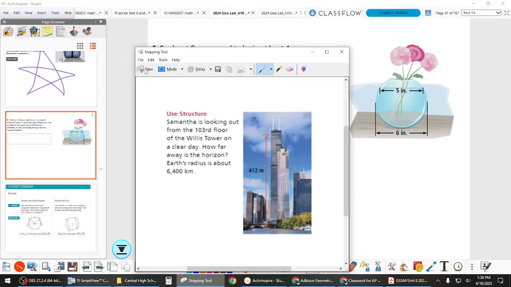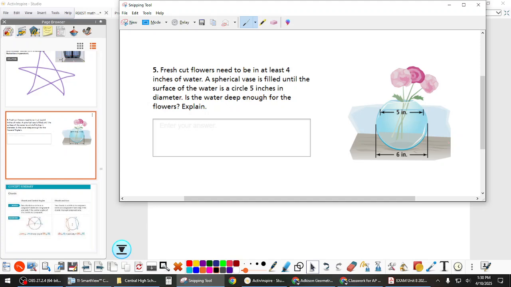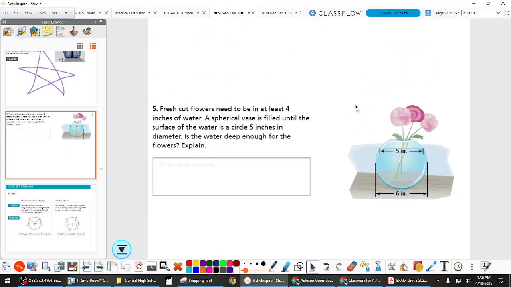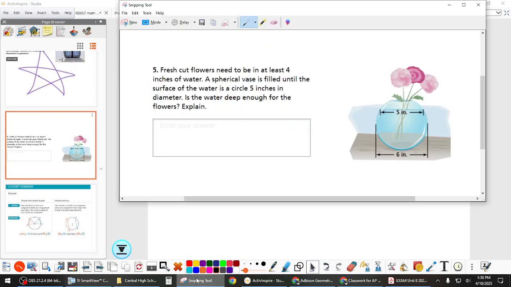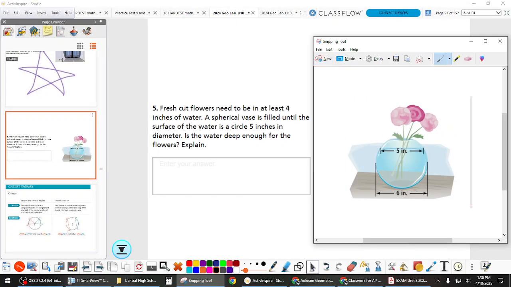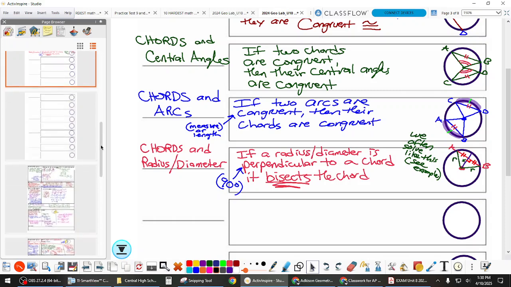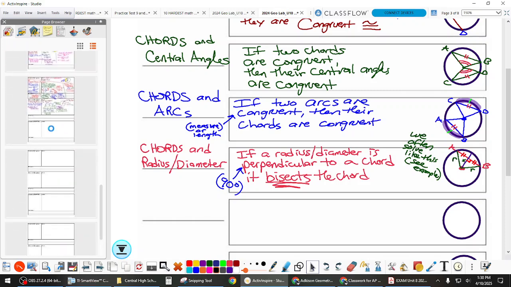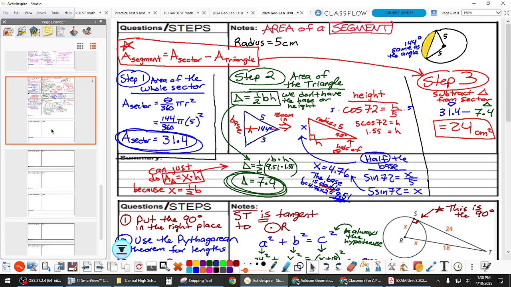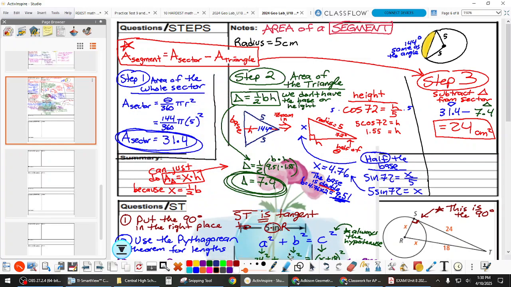I don't want you to have to write all the words, so let's trim it down a little bit.